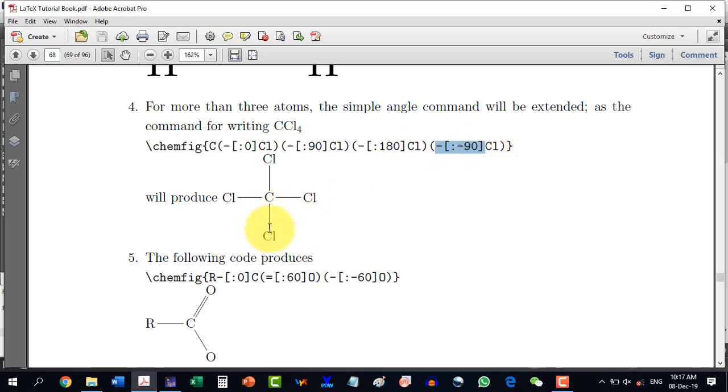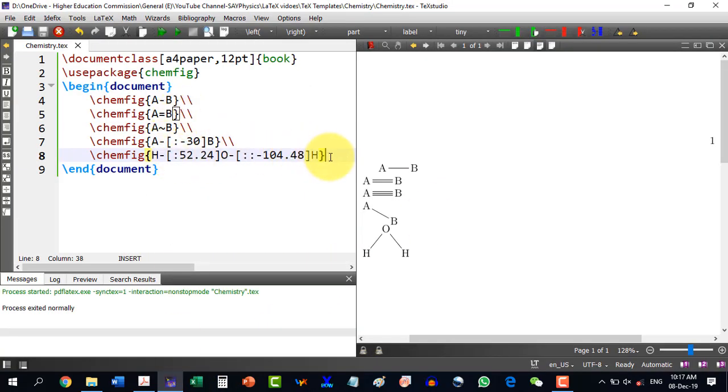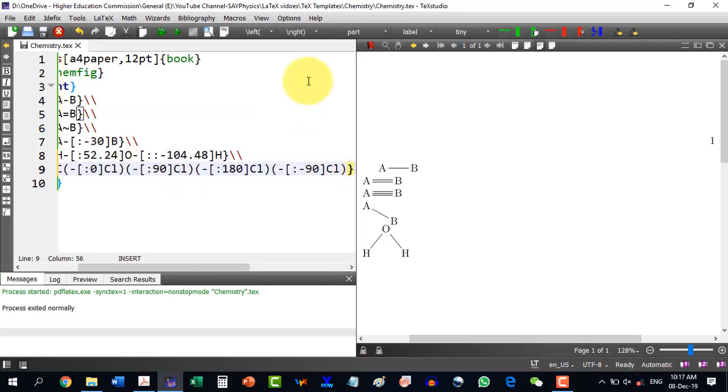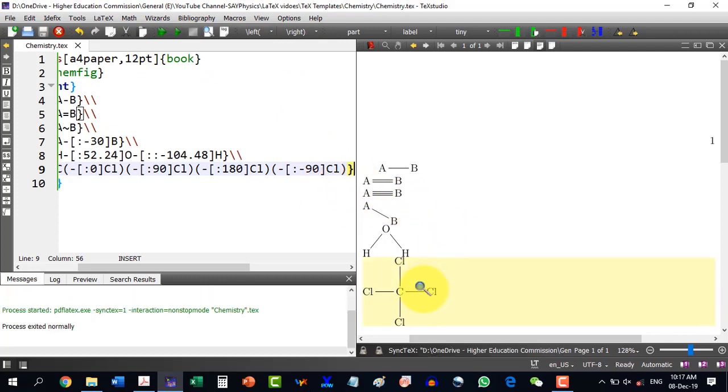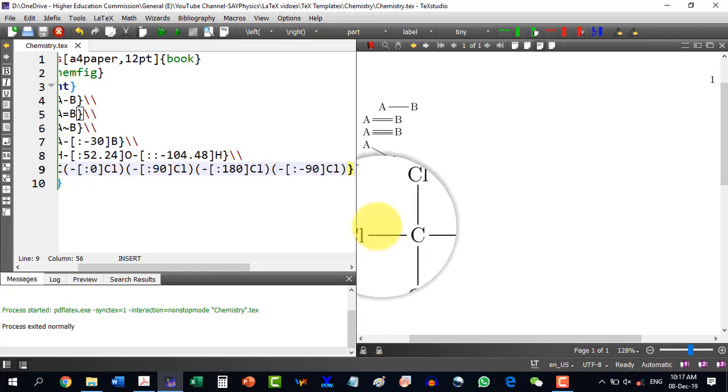So I write here minus 90 degree. We will have to check this command. Copy, and here I put it, and I just build this one, and here it is. It has made us carbon bonded with 4 chlorines.